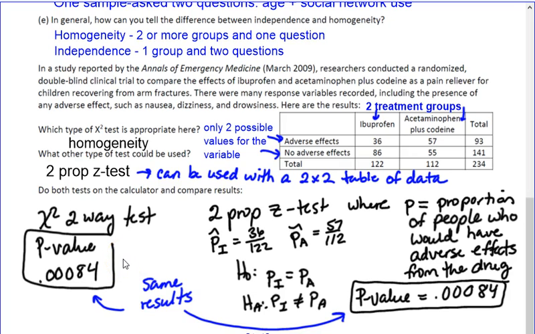So you can do either test and you'll get the same results as far as significance. The only difference is if I wanted to know which one's greater than or less than rather than just not equal to, the two-proportion z-test would allow me to do that instead of just looking at is there an association. It would give me more information about the type of association and the direction of the association.